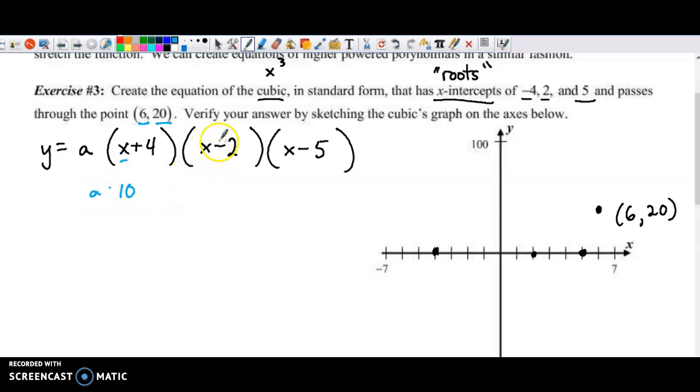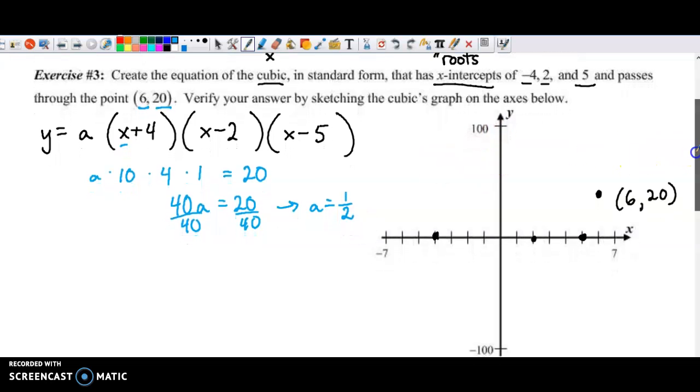So a times 10. 6 minus 2 is 4. And 6 minus 5 is 1. And what needs to happen is when I plug in 6, I need to get 20. So what we have is 40a equals 20. Well, if you divide the 40 over, I already know now that my a value needs to equal 1/2.